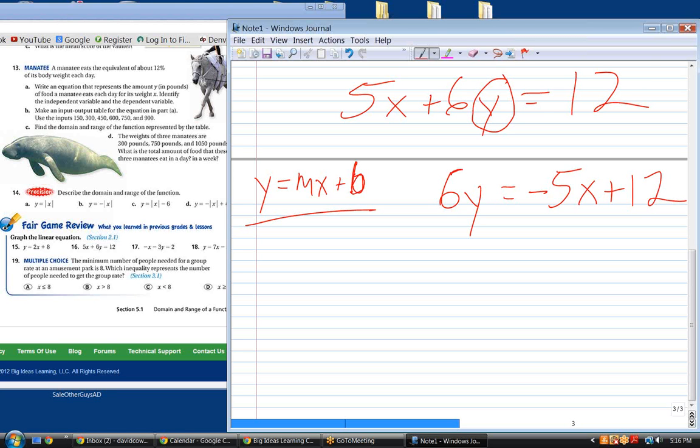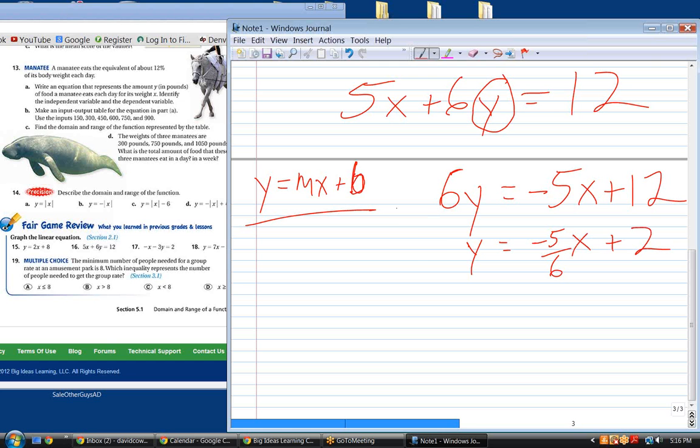What you would want to do is simplify the equation. You want to solve for y. How do we solve for y? So y equals, you divide by 6 on both sides. There you go. So y equals minus 5/6 x plus 2.